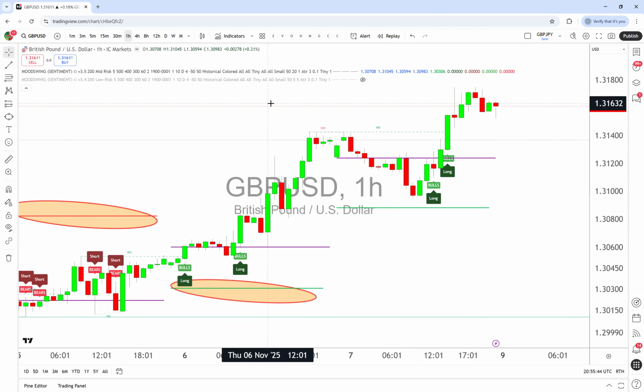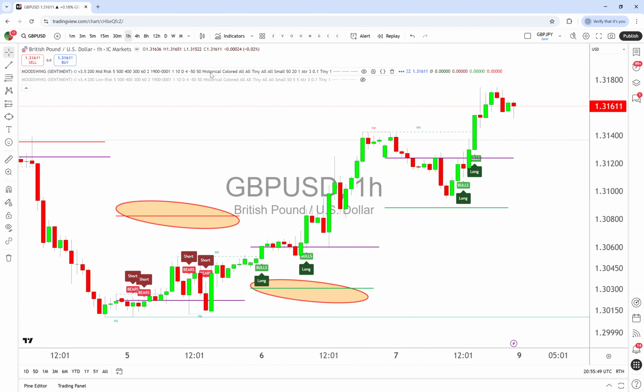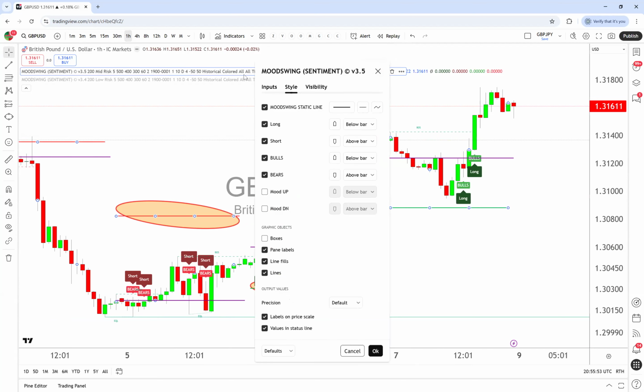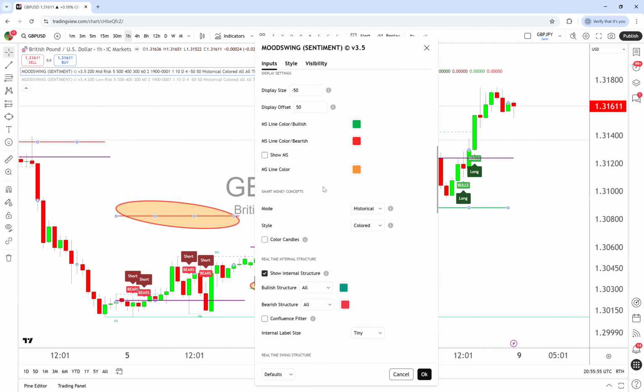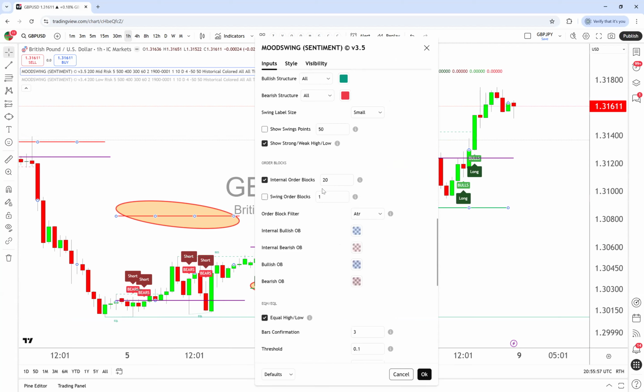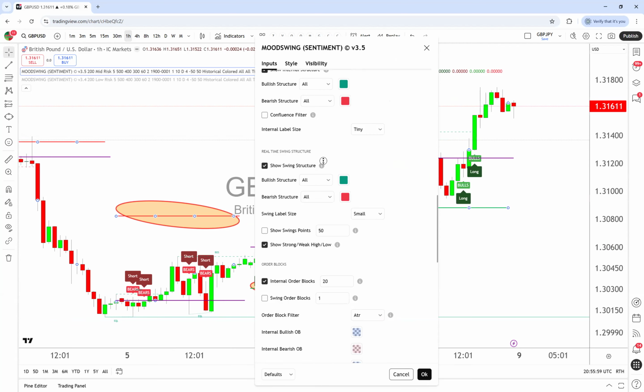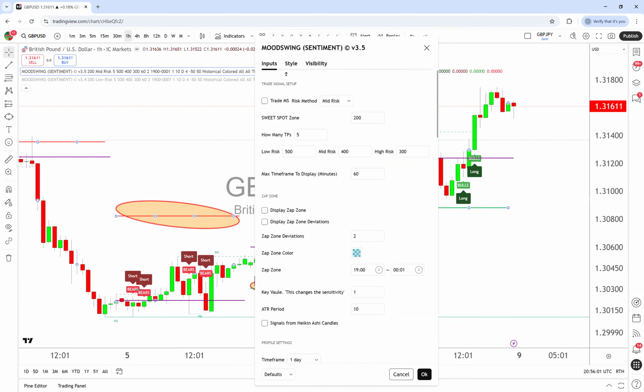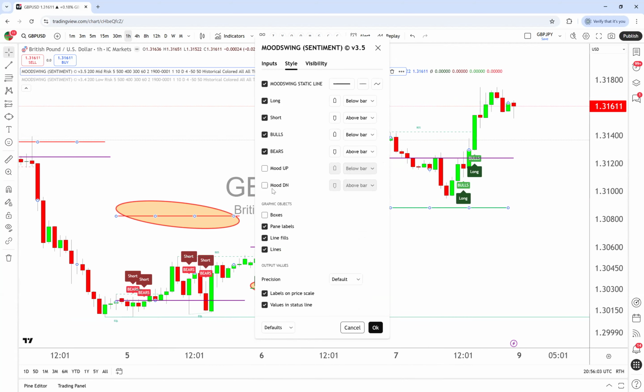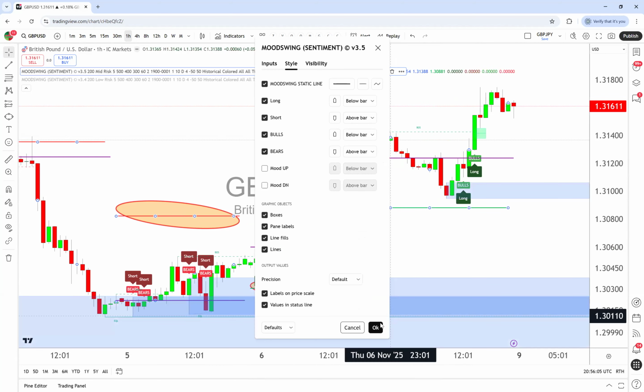So just to reiterate, one of the strategies that Jodian touched on is we could go in here and switch on our internal order blocks. Make sure that's switched on, and then ensure in our style here that the boxes are switched on as well.